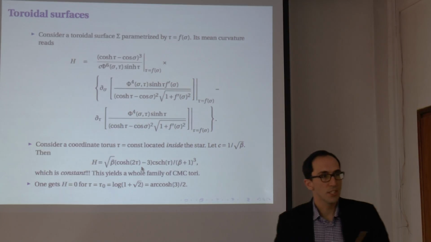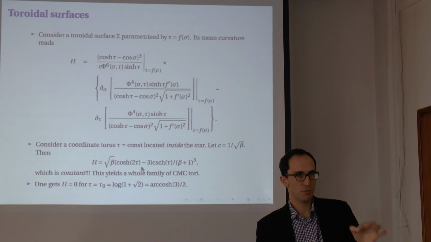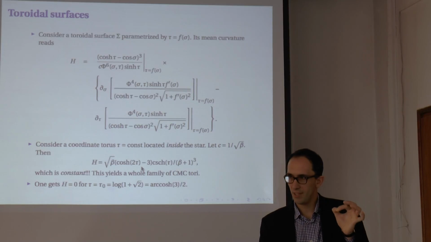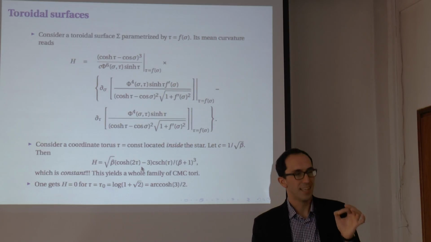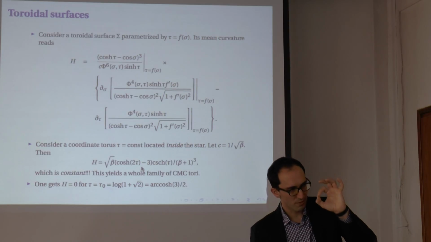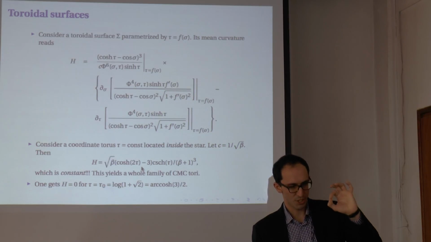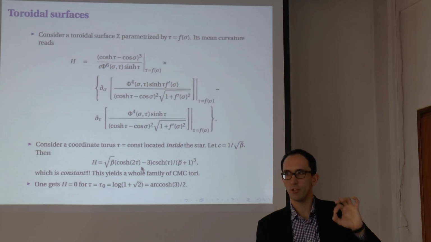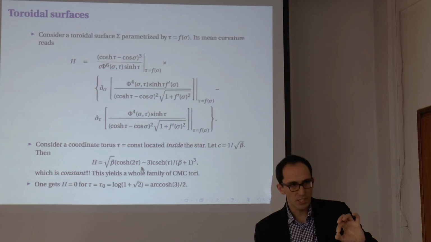But so this is a spherically symmetric space-time, but I'm not forbidden to search for toroidal surfaces. Exactly. The star is spherically symmetric. I just ask for the properties of toroidal surfaces inside the star.